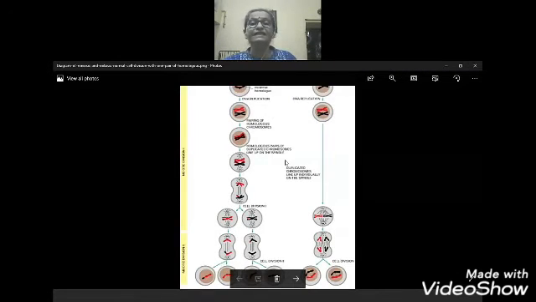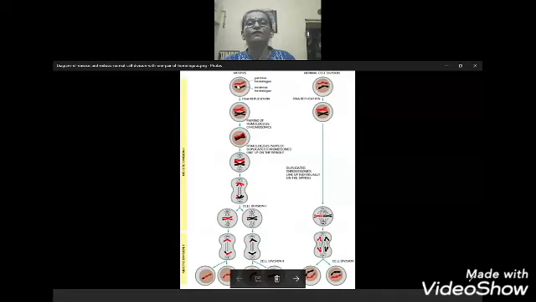Okay, now see, this is a chart showing the meiotic division. You see, we are beginning with a cell having two chromosomes. Now these two chromosomes will form sister chromatids, and in the next step you can see two cells are formed having one chromosome each. So you can see that the number of chromosomes has reduced to half. We had started with two chromosomes, now we are ending with one chromosome.